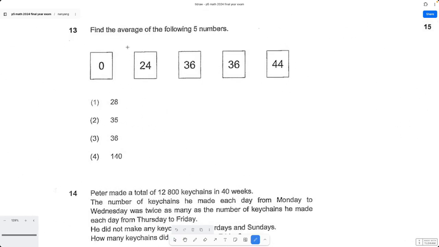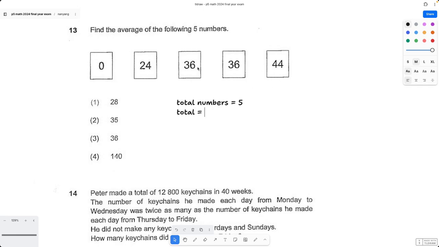Find the average of the following five numbers. Okay, so total numbers is 5. Then total is equal to 44 plus 36 plus 44 plus 24. Okay, so 44 plus 36, this is 80.